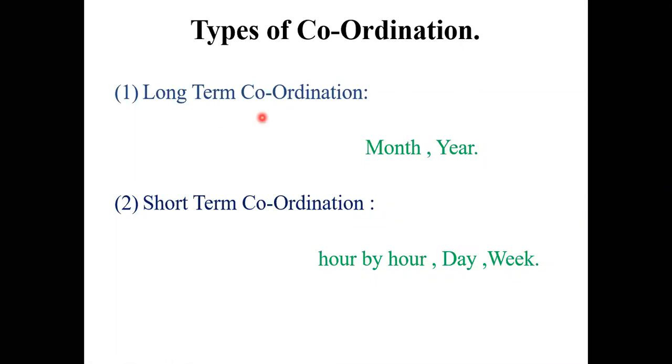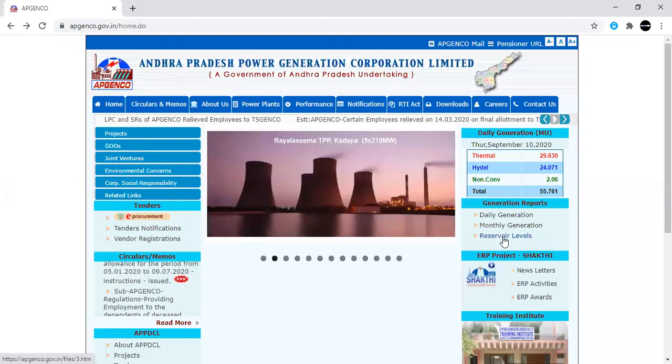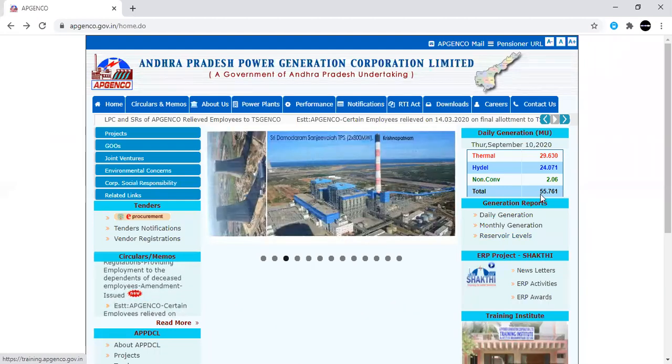So in order to understand this point, let me share one more thing. Let us go to the official site of APGenCo. Here on the right side, is it visible for everybody? Yes, okay, good. Now here we have reservoir levels on the right side.